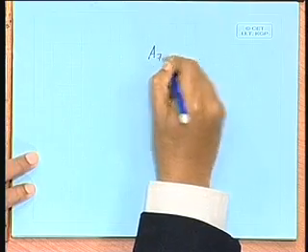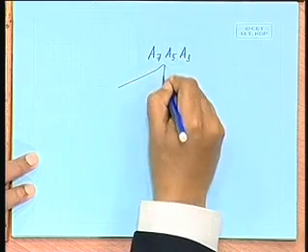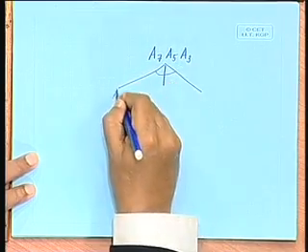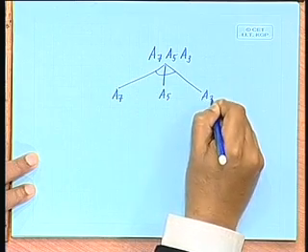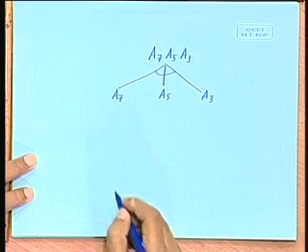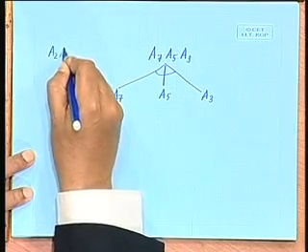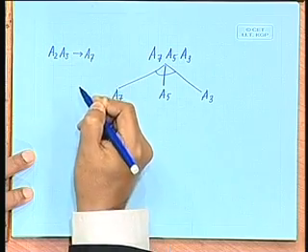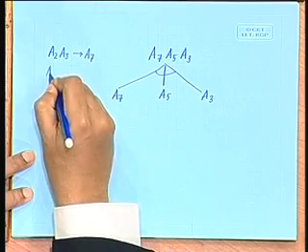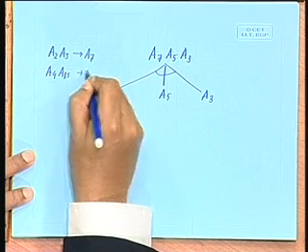One says that A2 and A3 gives me A7, and another rule says that A4 and A15 gives me A7.